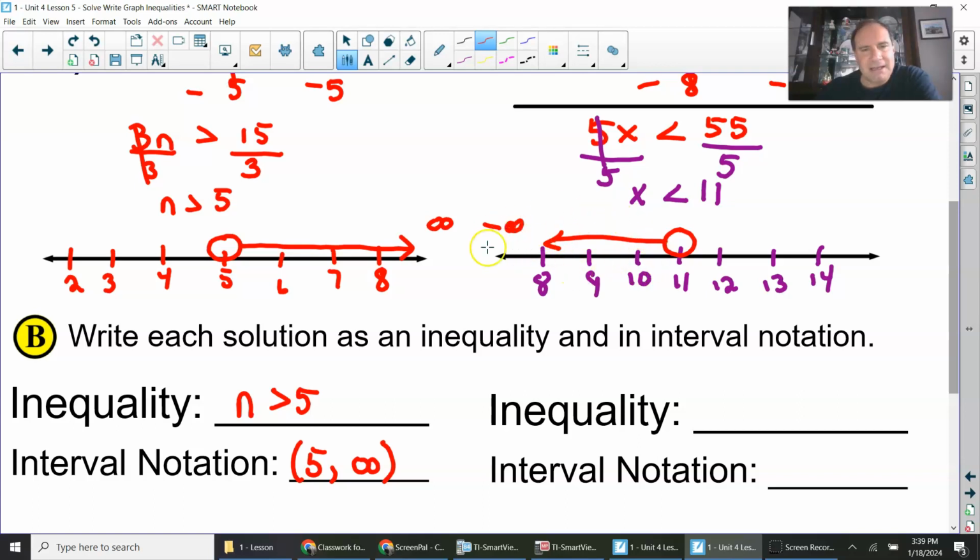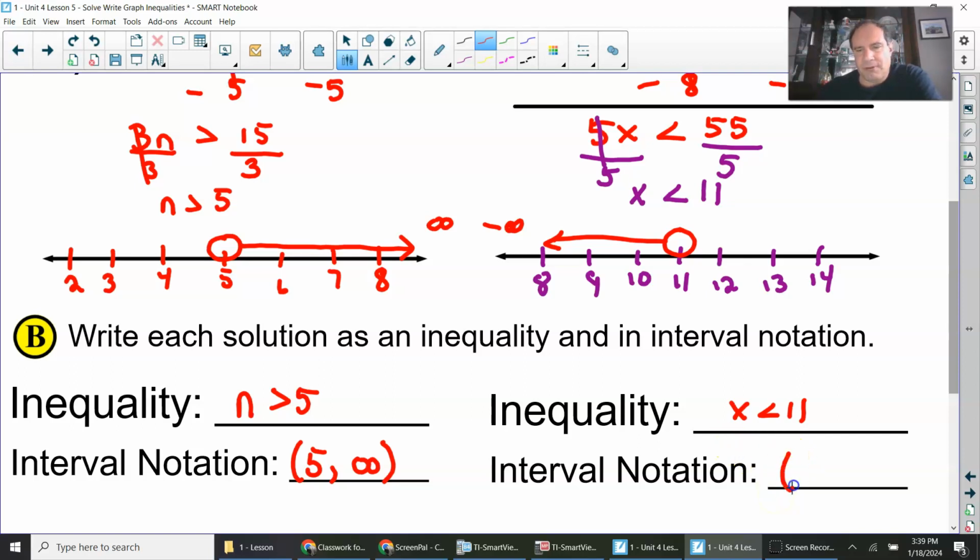So if you have the negative infinity to the left, the 11, and I'm just going to put the inequality down, the 11 is to the right. The negative infinity is the symbol that goes to the left.